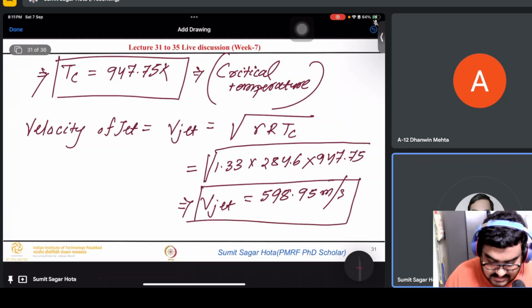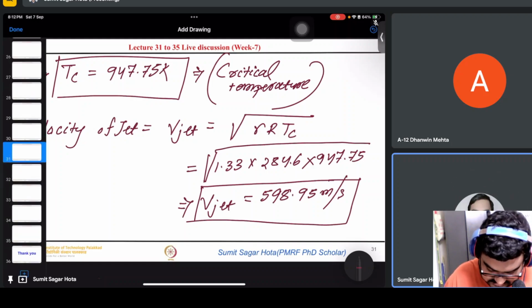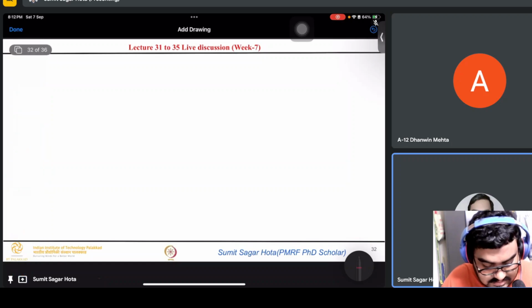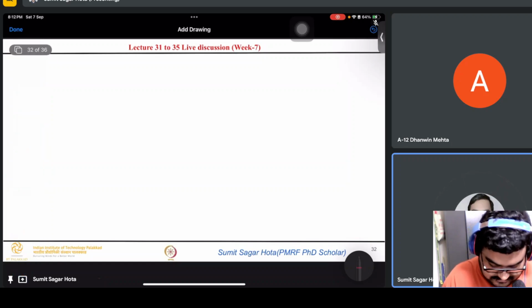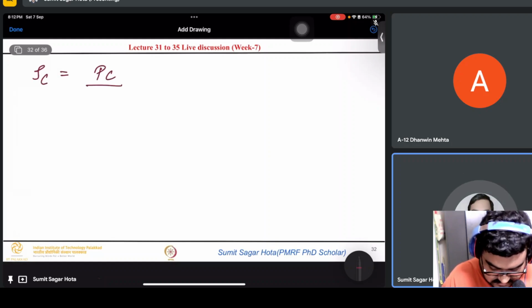Next we will find out the critical density. Apply the ideal gas equation. We are assuming it as ideal gas at the exhaust.